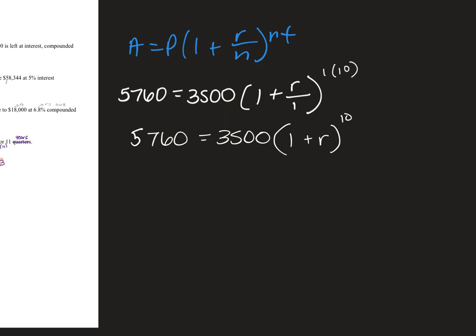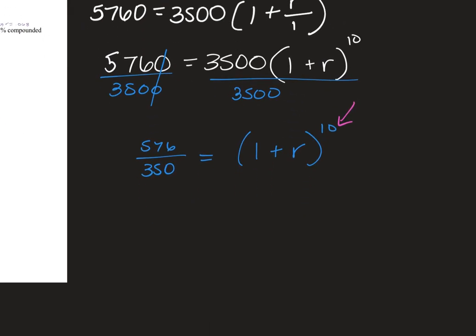Now I've got to divide both sides by 3,500. So I can simplify a little bit. 5760 over 3500 would equal 1 plus R to the 10th. Now, you can't ln this time because the exponent doesn't have the variable.